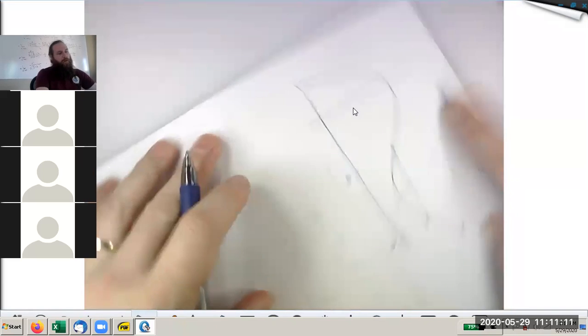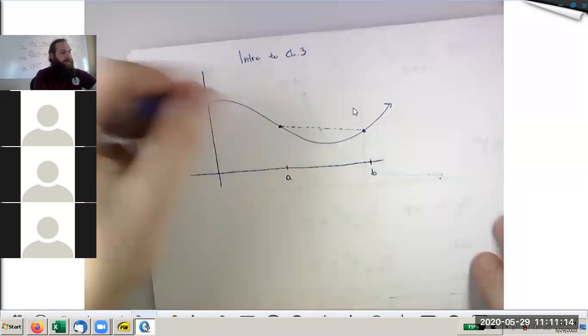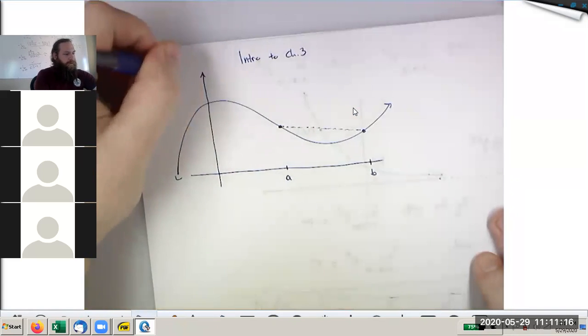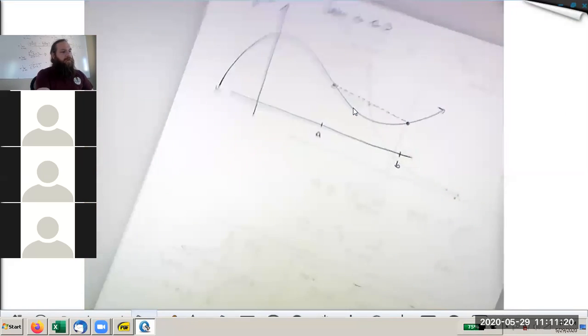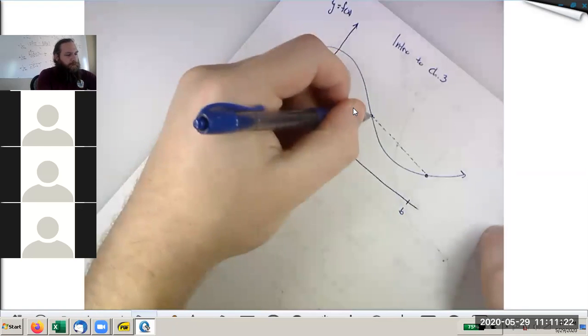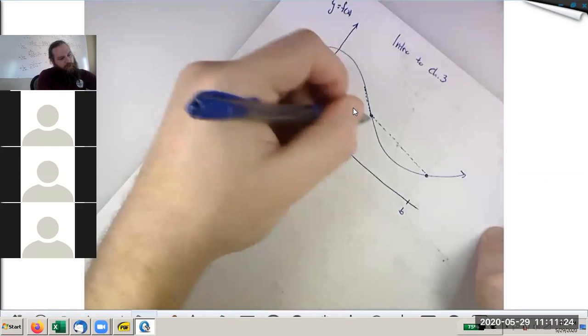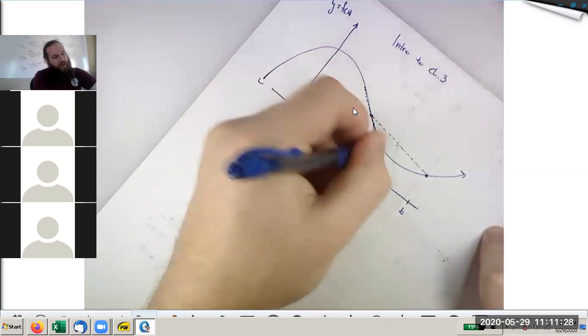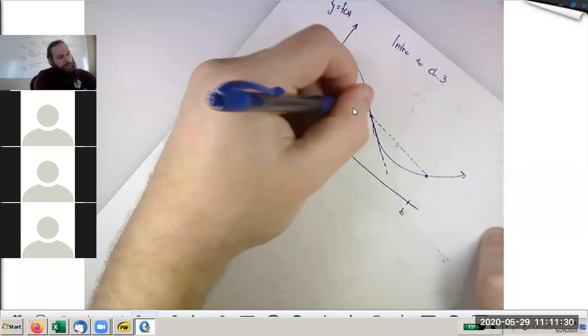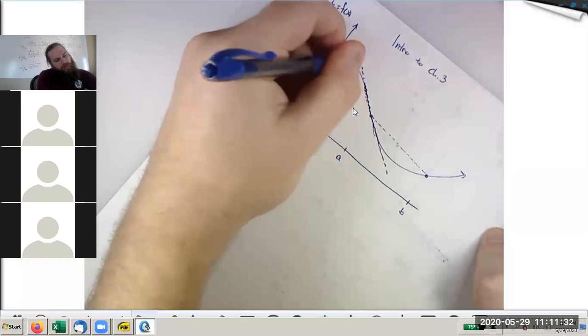Most functions have graphs that are curvy like this. But what I would like to do is have some idea of what is the slope of the function right here at this point. And you can see I can kind of draw in a line that passes through that point that appears to have the correct slope.